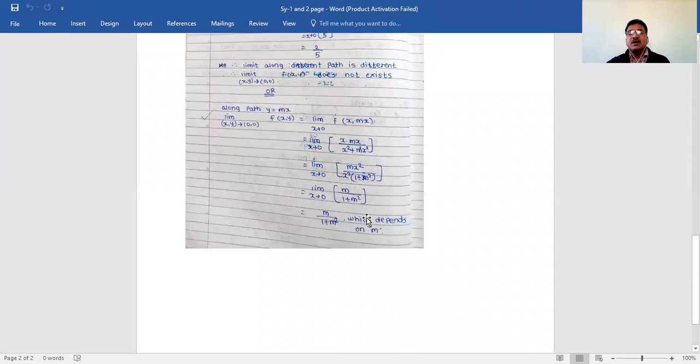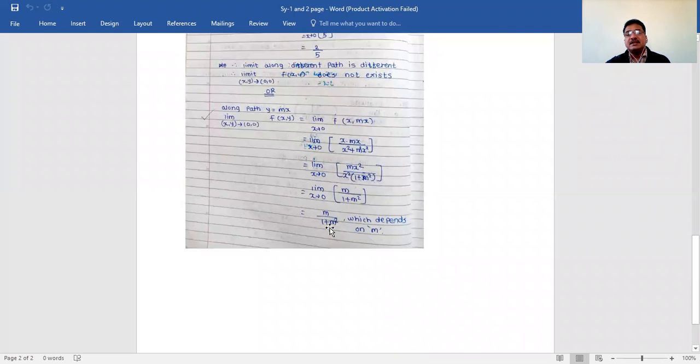If this limit does not depend on m, then what happens? Suppose here we have the answer 5. Then if we change m, that is if we change the path, the limit remains the same. That is not useful to show that the limit along different paths is different.